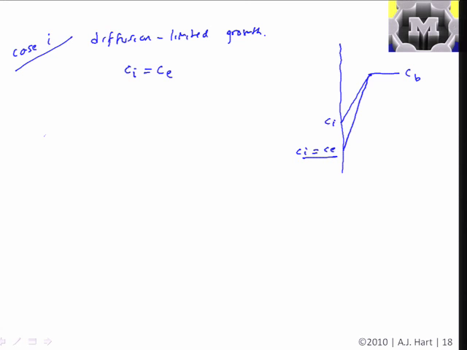And therefore, from the definition we had for the flux due to diffusion, we can say that J due to diffusion is equal to 4 pi D r times r plus delta divided by delta, I'm just copying down the equation from above, multiplied by Cb minus Ce. There should be a minus sign there.